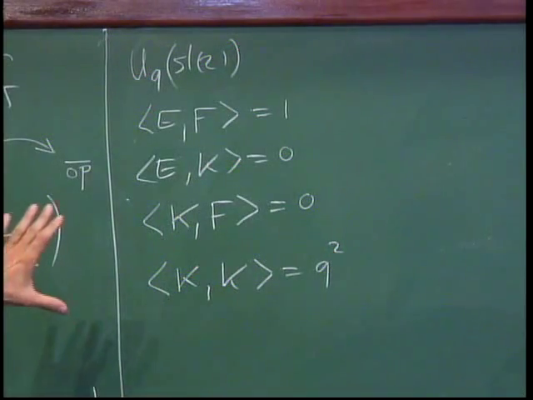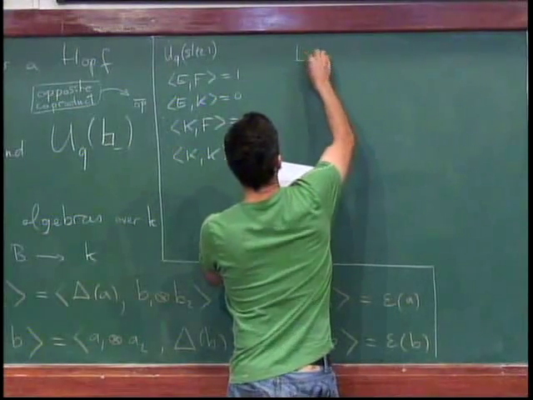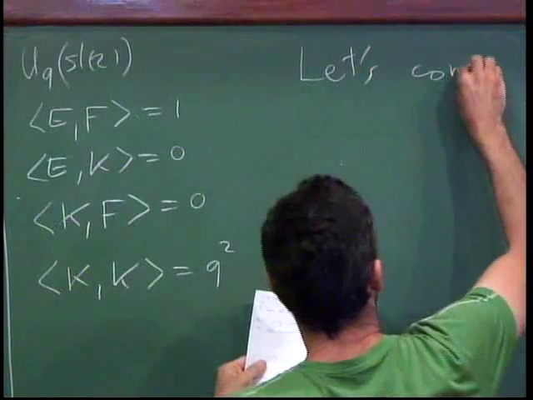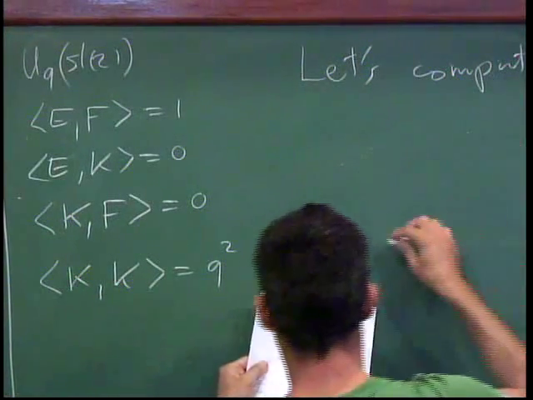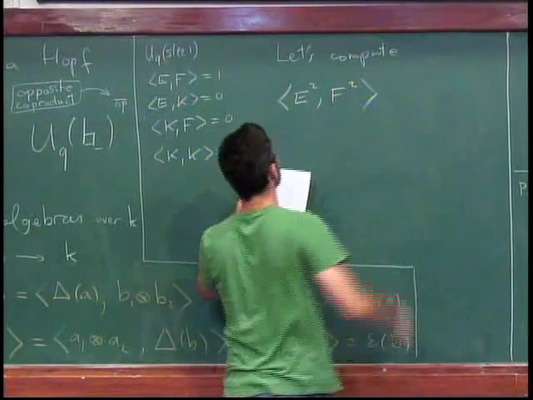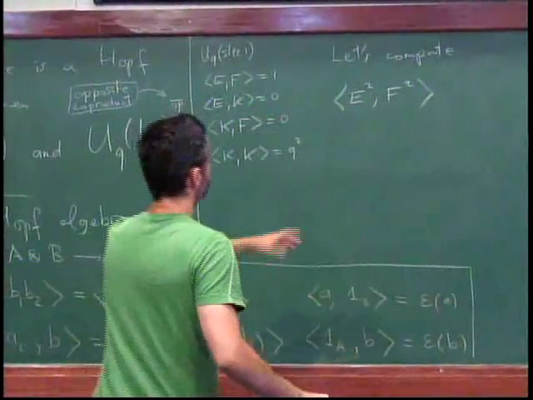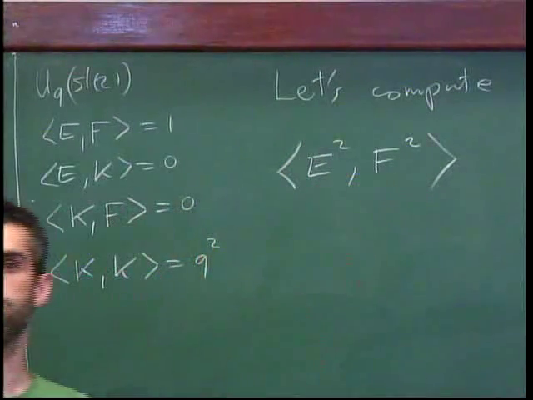So that's what we have. And now say I care about E squared F squared. And I'm just taking this example because it's not too complicated and also not too trivial.